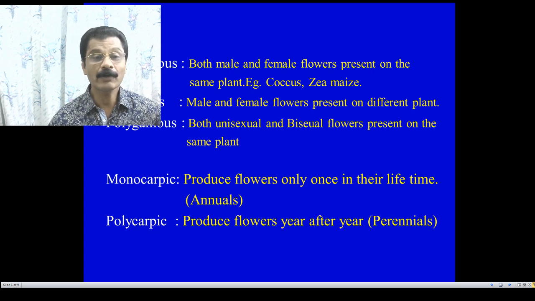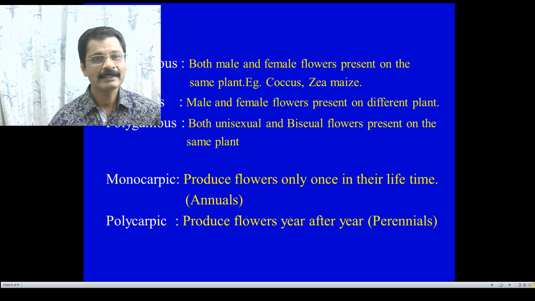They are annuals, ephemerals, biennials. They produce flowers only once in their lifetime, then they perish. Then polycarpic plants produce flowers many times in their lifetime, year after year.